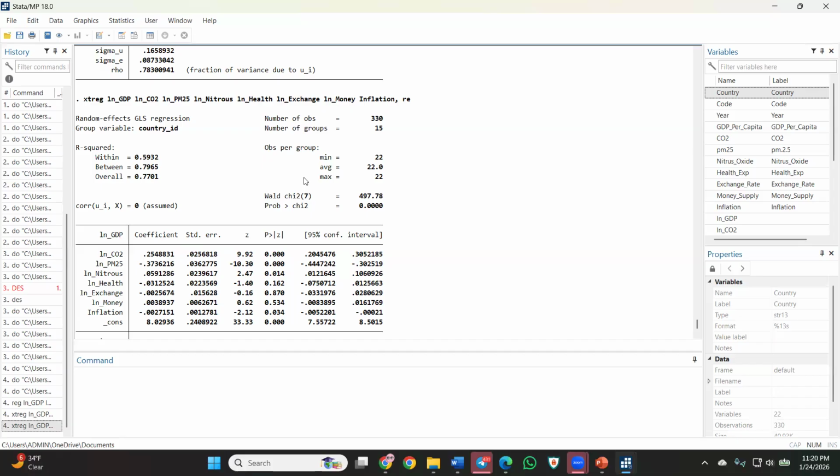You can check the inflation. The z value is 2.12, which is very close to 2. And if you check the corresponding p-value, it is 0.03, which is also close to 0.05, the significance level.